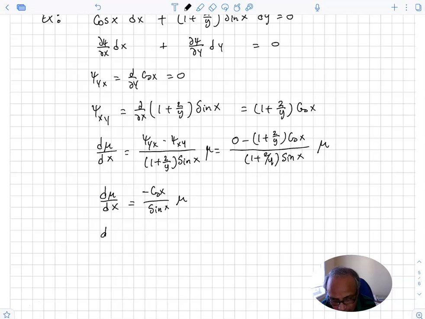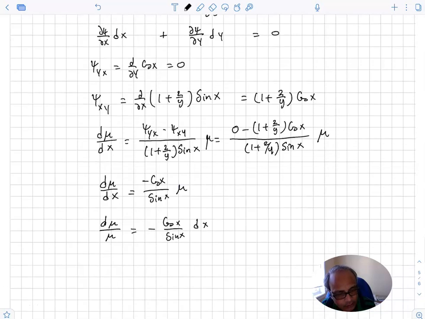So you say d mu over mu equals negative cos of x over sine of x dx.